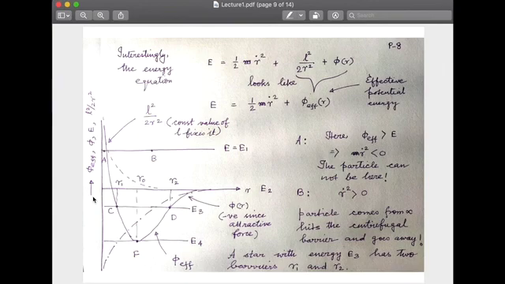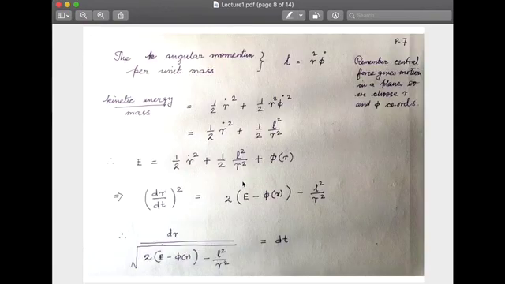There is an unfortunate thing which has happened in my choice of notation here. Let me apologize for that. I have chosen phi for both the potential and the angular coordinate. But I think it is very clear to you that this is the angular coordinate that you're talking about, and this is the gravitational potential.